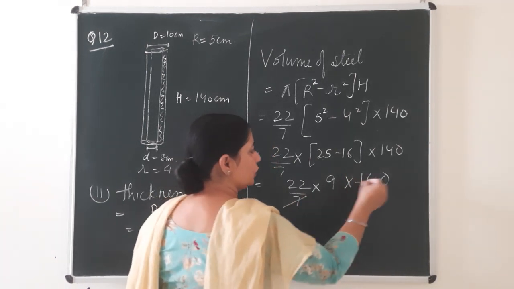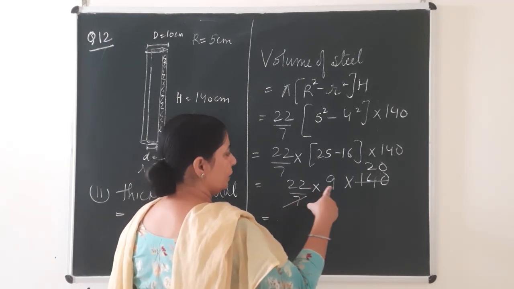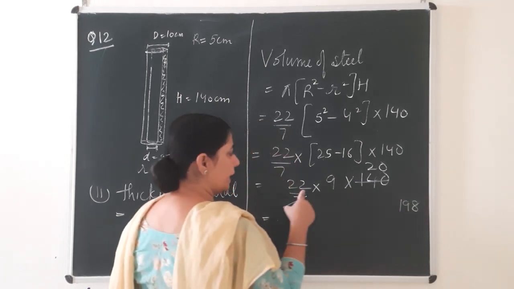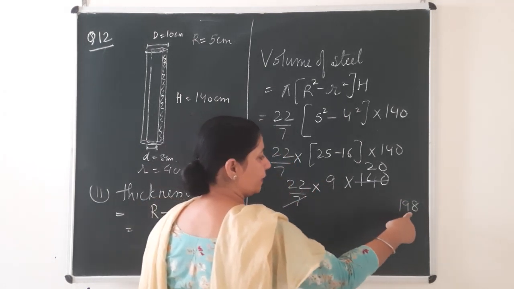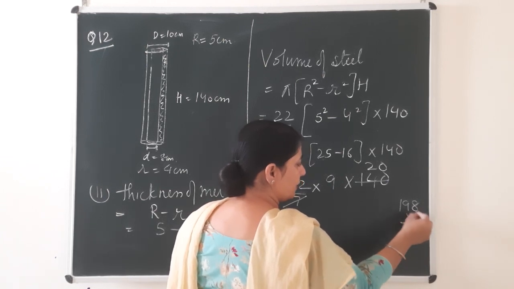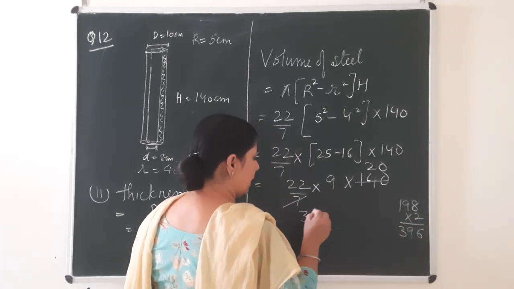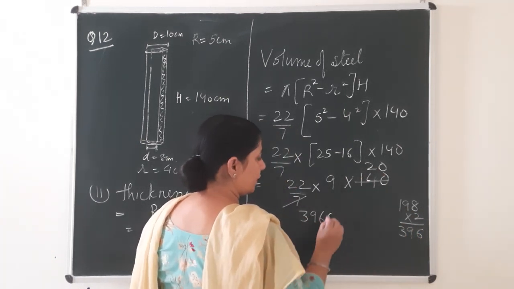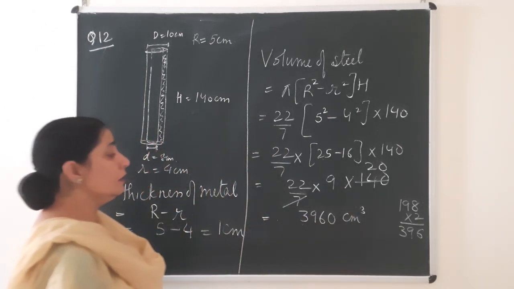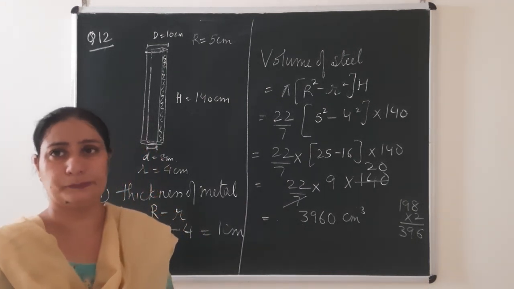Now 7 2s are 14, 20. Now you multiply them, you get 22 into 9, that is equal to 198. Multiply again by 20 and you get 396, and this 0 which is left here, so 3960 centimeter cube. This will be the volume of the steel which is used to make this pipe.